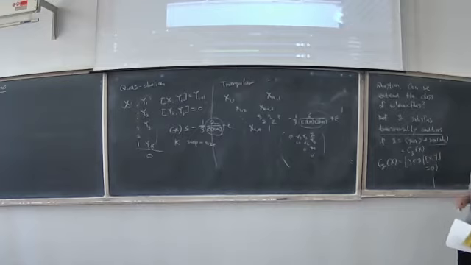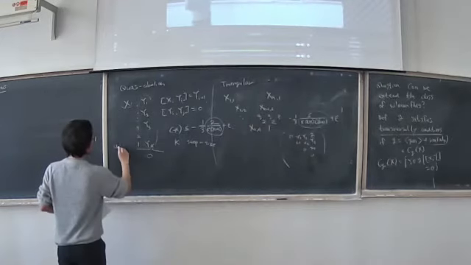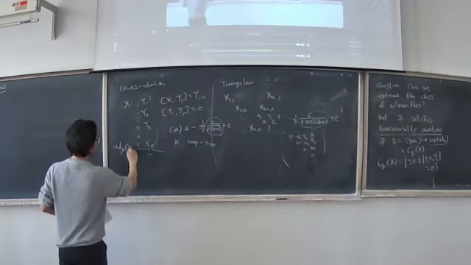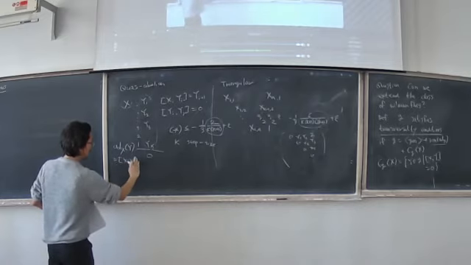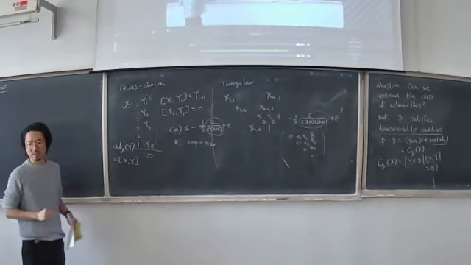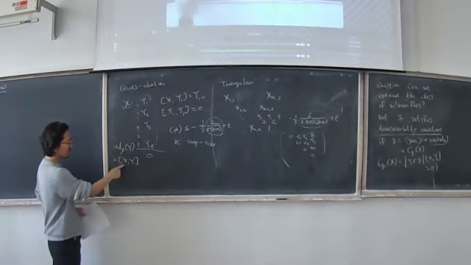The adjoint map is an operator acting on the algebra. So the adjoint of x applied to y is just the bracket of x and y.